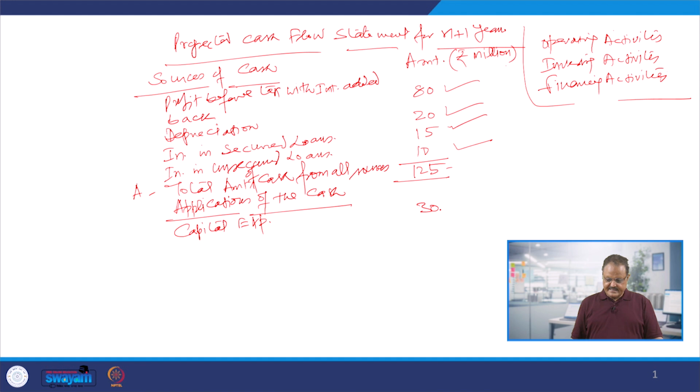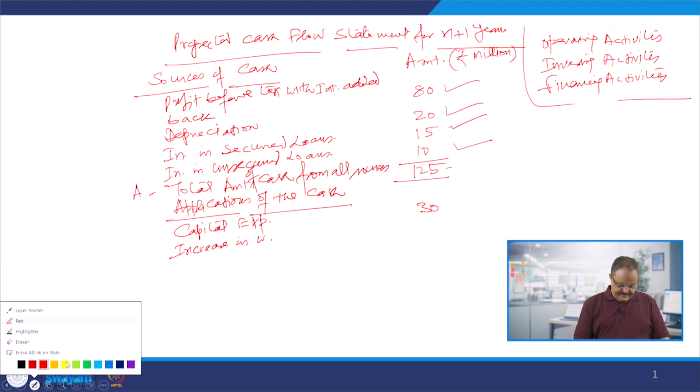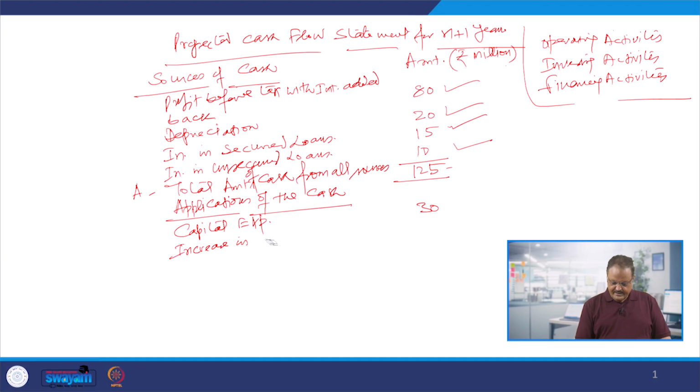Then we have to go for the increase in the working capital.